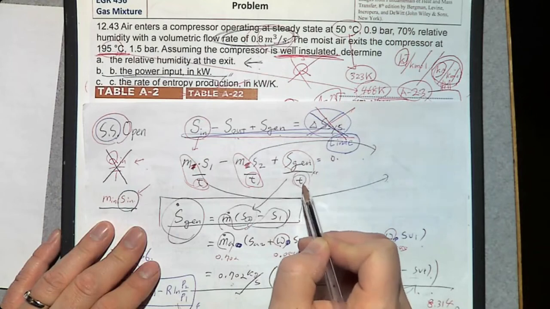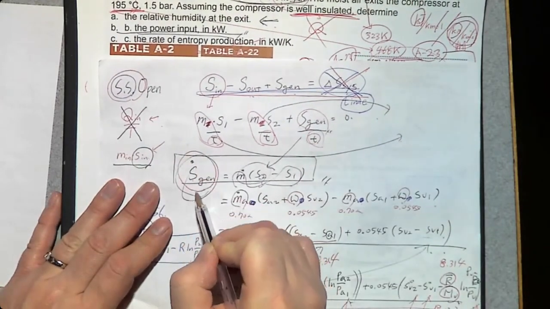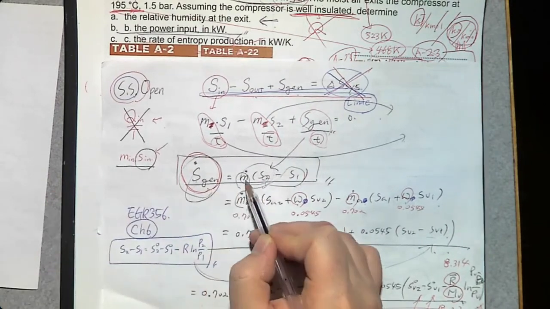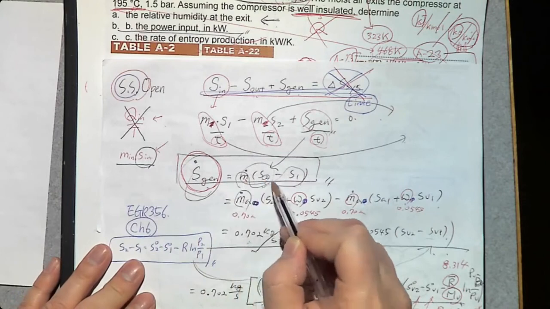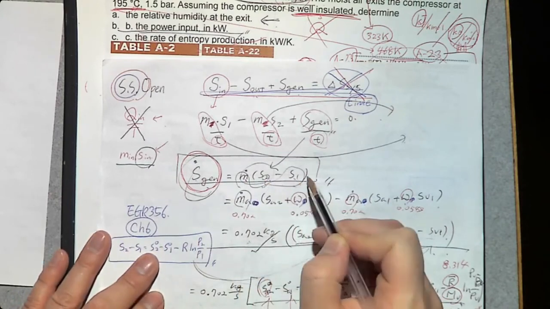If you divide by time t, we get the rate of entropy generation, which is the rate of entropy production. They are the same thing. It's going to be m dot times the specific entropy at the exit minus the specific entropy at the inlet.